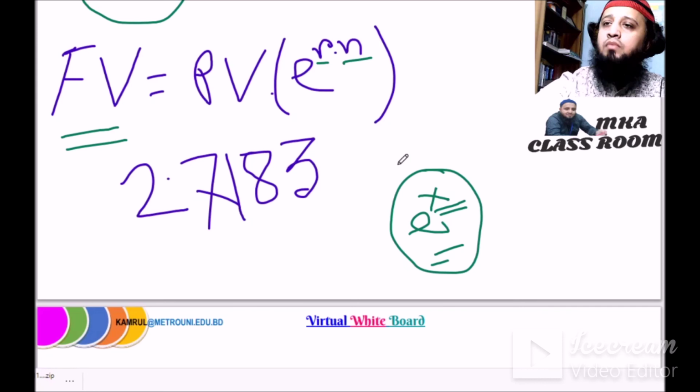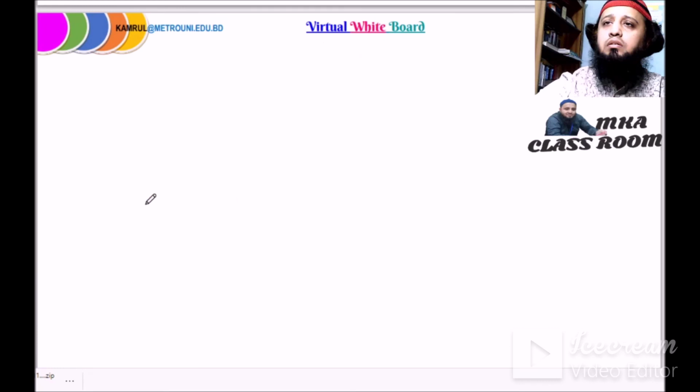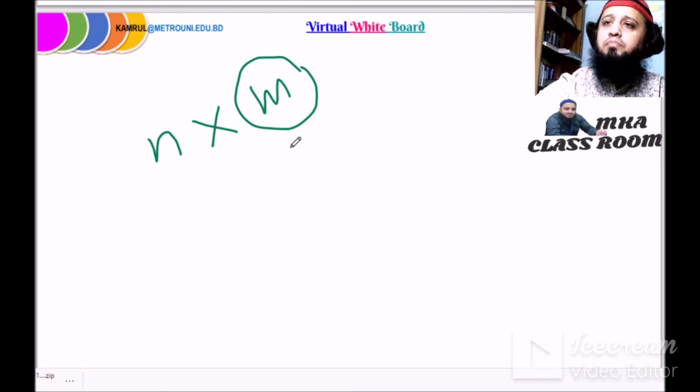And lastly, for more frequent compounding than once a year, we have learned that n should be multiplied by m, the frequency per year, and the rate of interest R should be divided by m.